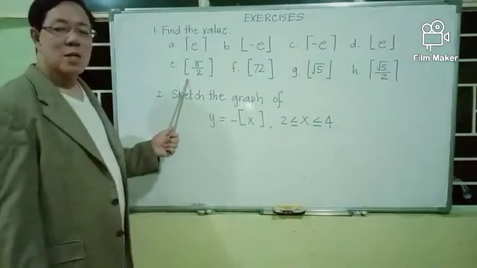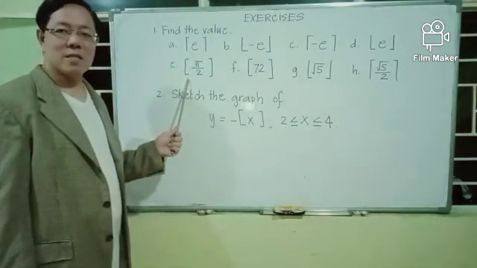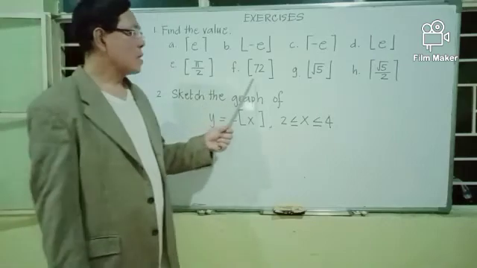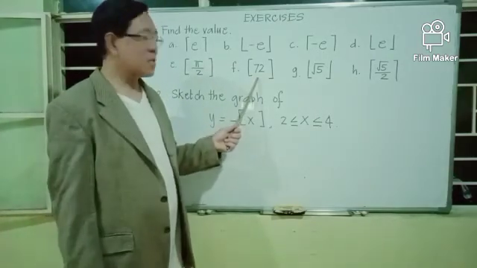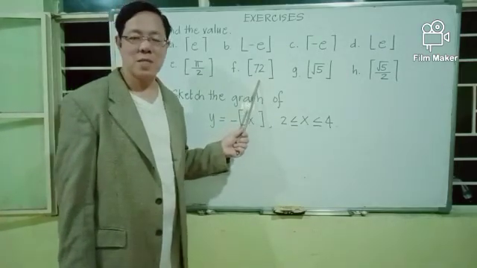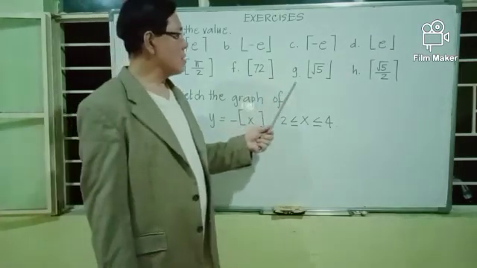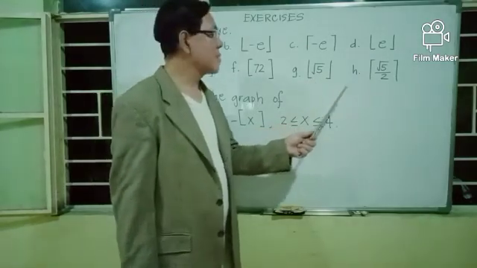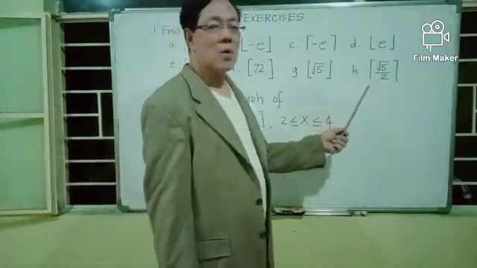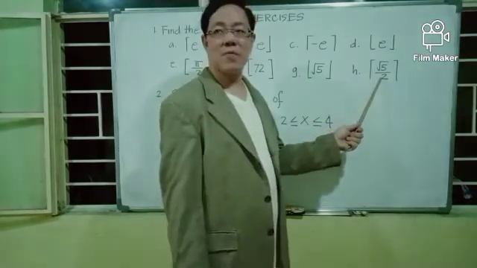In letter E, you want the greatest integer that is less than or equal to pi over 2. In letter F, you want the greatest integer less than or equal to 72, and that's the floor of 72. In letter G, you want the floor of the square root of 5. And H, you want the value of the ceiling of the square root of 5 over 2.